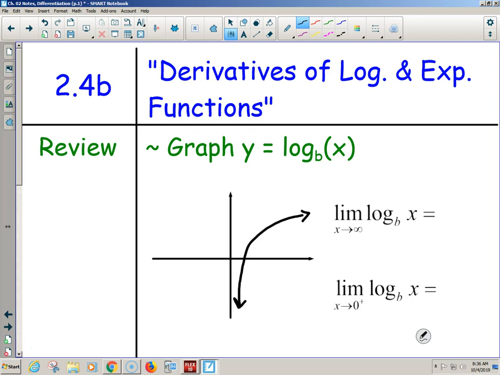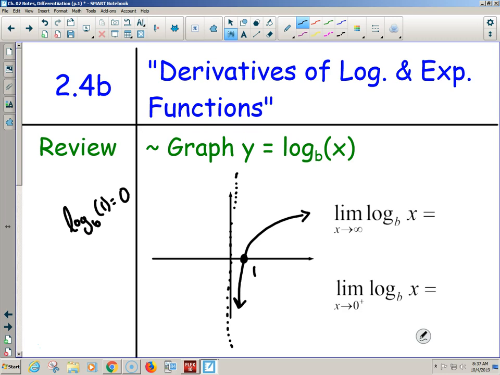If there's shifting that occurs, your domain will change and your vertical asymptote that every logarithm has will move too. And your intercept that always happens at 1, because any logarithm of 1 is always equal to 0.